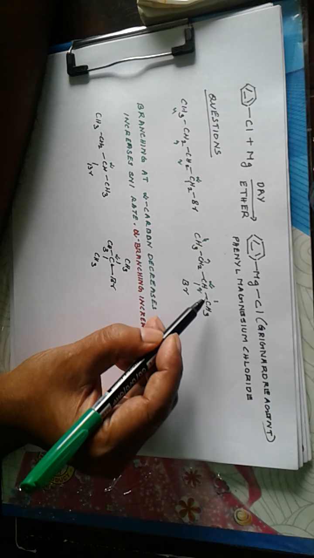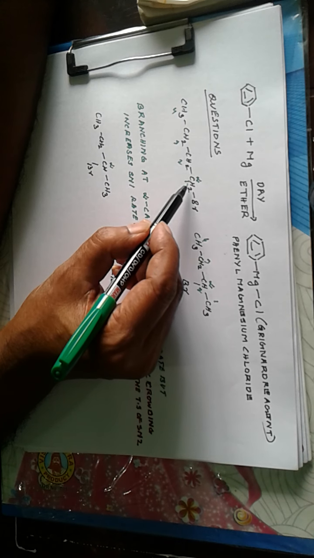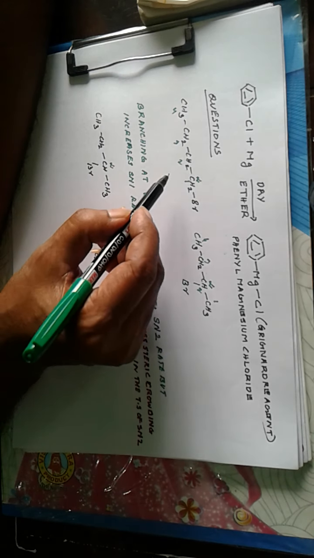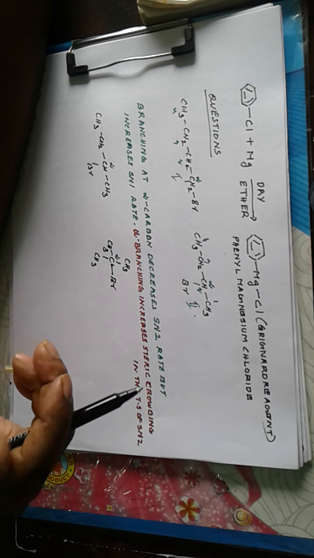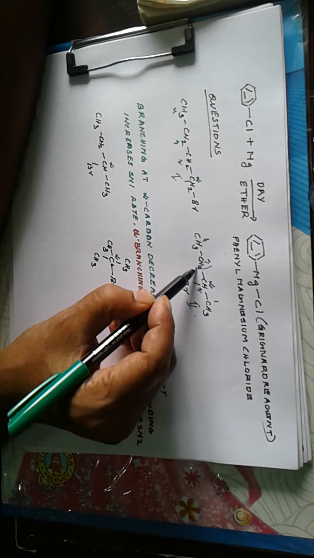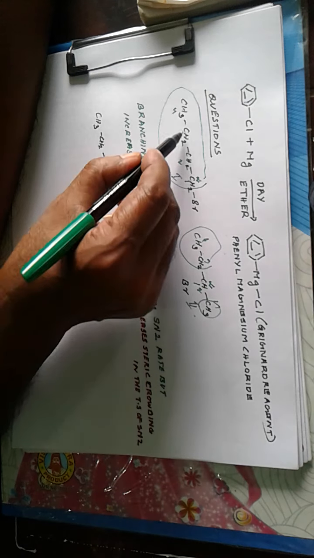Now here we can say there is an alpha branch in one and there is no branching at the alpha carbon in the other. If there is alpha branching, then there is great steric crowding in the transition state for SN2 reaction because there are two alkyl groups. Here there is only one alkyl group and hence it is a long chain.